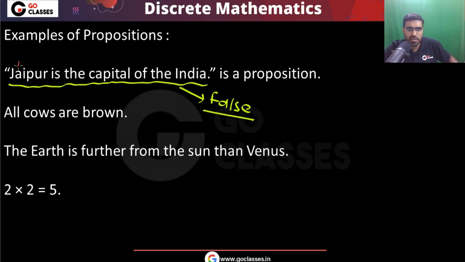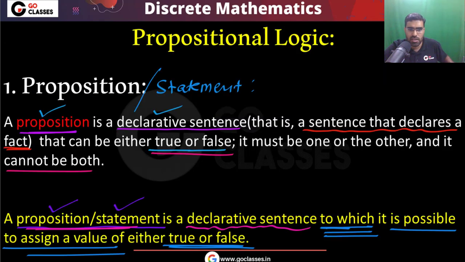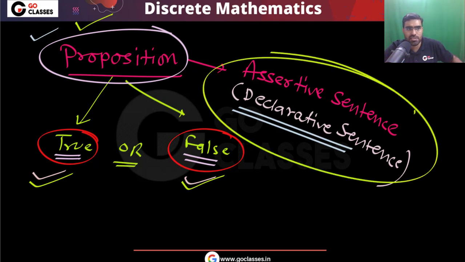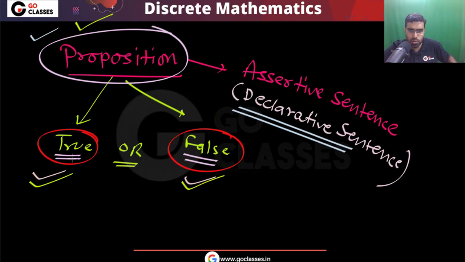The point is that to this sentence we can assign either true or false. One of them we can assign. We know that this sentence is false, and that is the reason this is a proposition. So please understand very carefully that a proposition can be either true or false. A proposition is a declarative sentence to which we can assign either true or false.